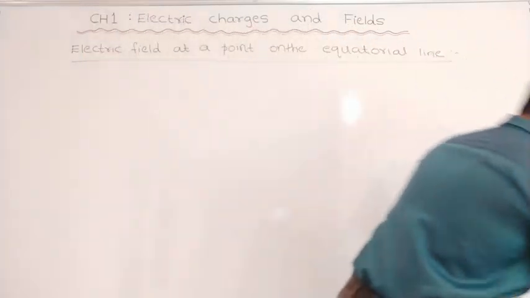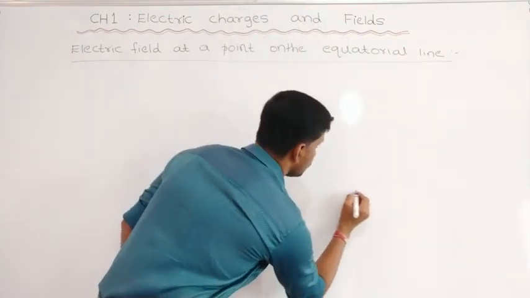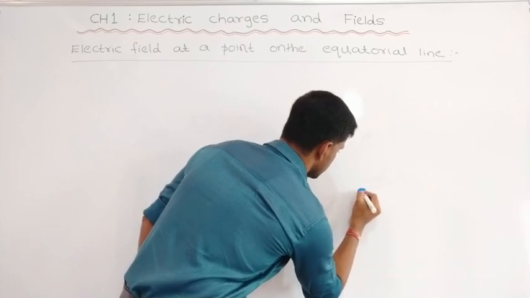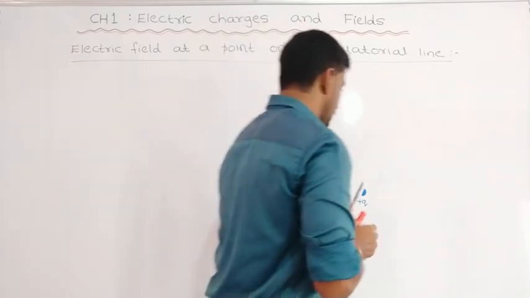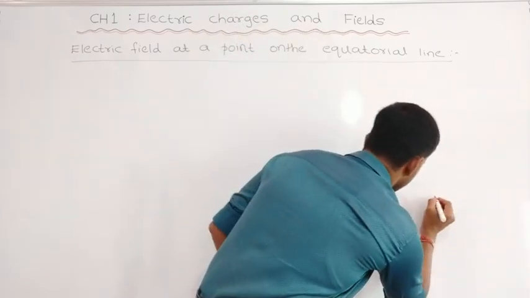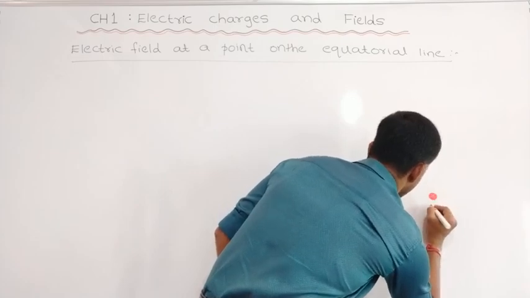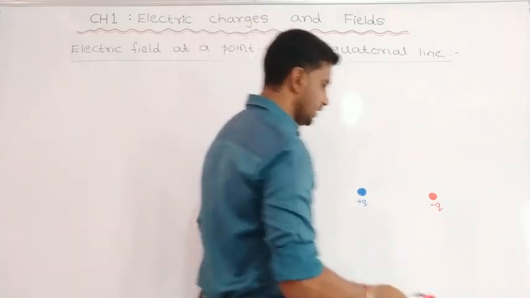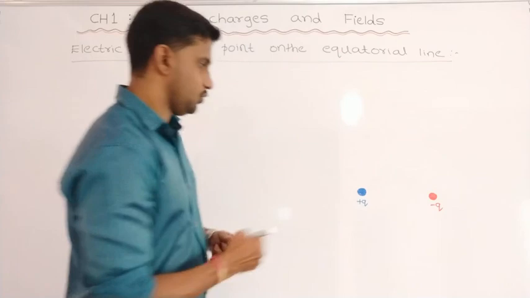Now, first we consider an electric dipole. Here I am considering one positive charge, and I am considering another charge, a negative charge. Both have the same magnitude, and they are separated by some distance. Then it is called an electric dipole.